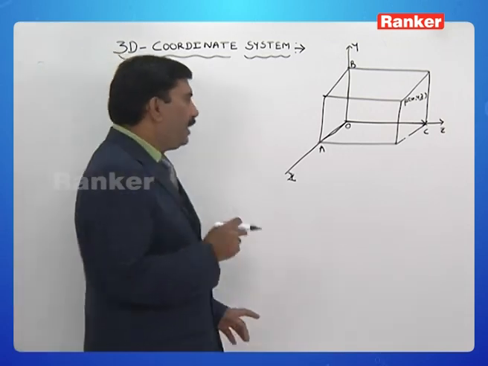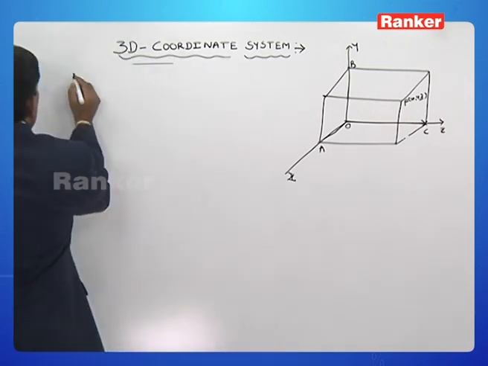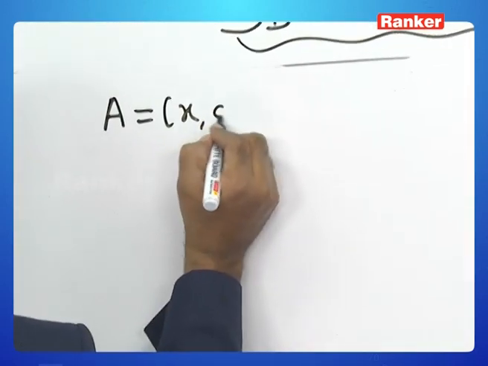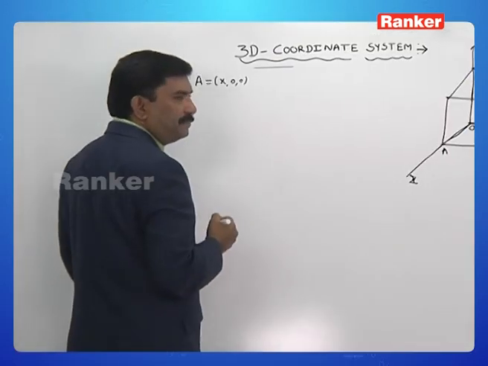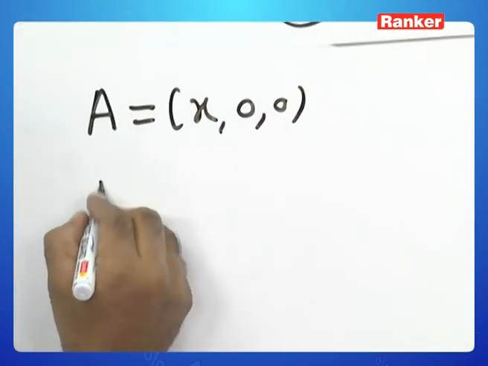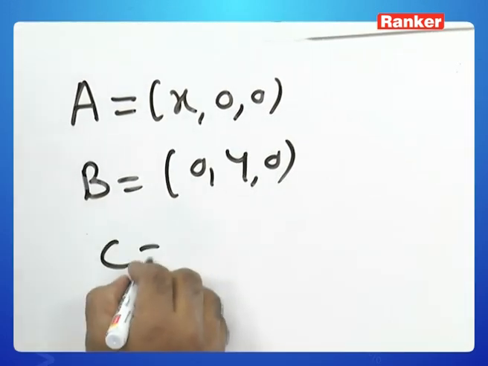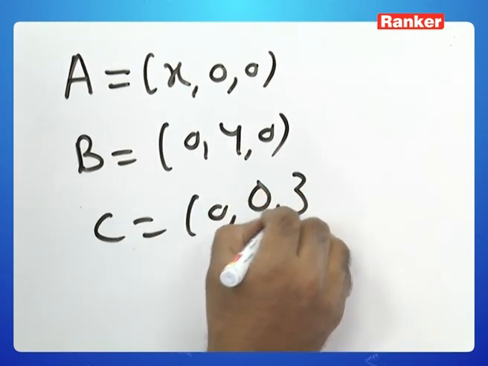So I take A, B, C as the feet of the perpendiculars. A is x comma 0 comma 0, B is 0 comma y comma 0, and C is 0 comma 0 comma z.